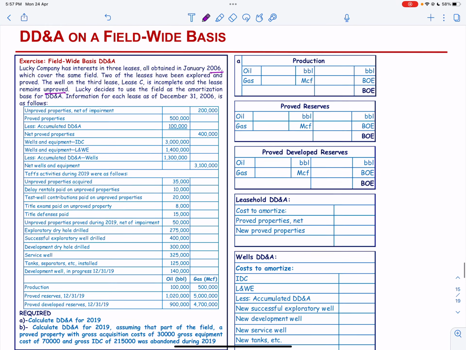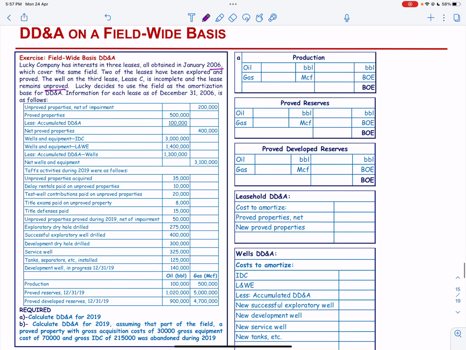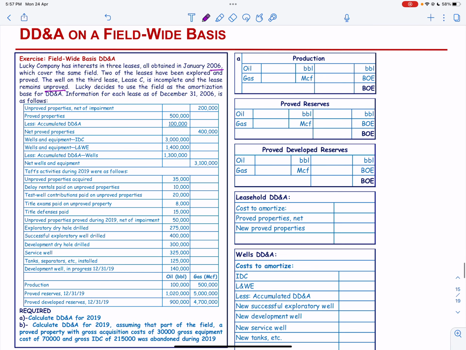and we have to calculate DD&A for 2019, and we have 2 parts over here. So first of all, we will calculate DD&A for the year 2019. So once again, we take into account the production, and the production is 100,000, and we have 500,000 metric cubic feet.